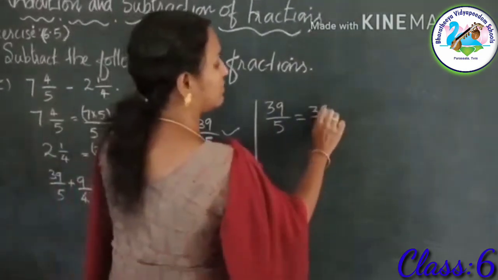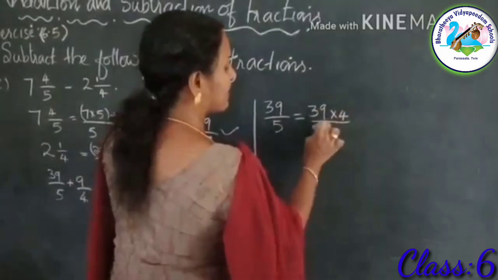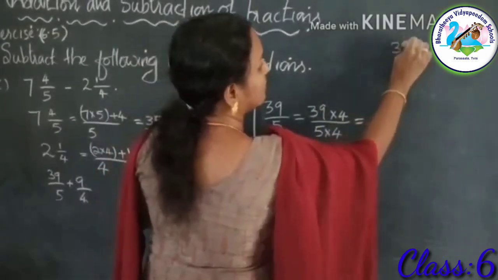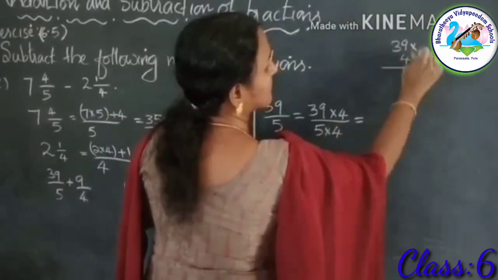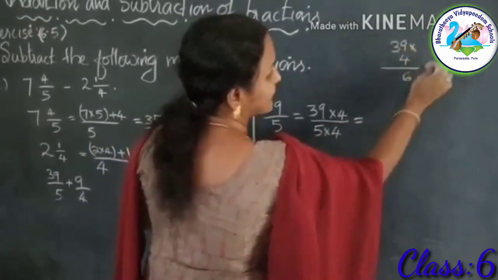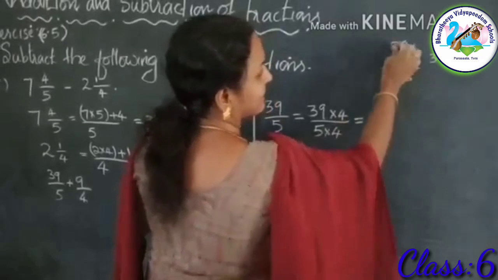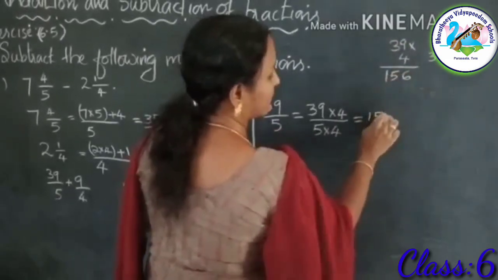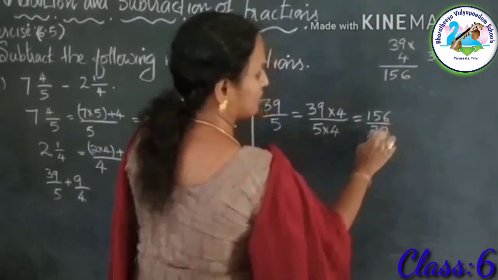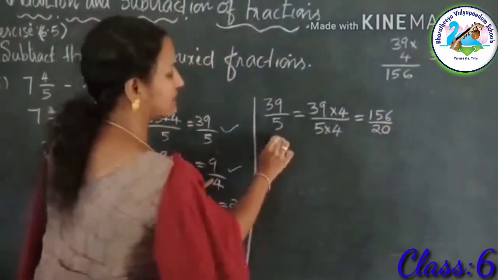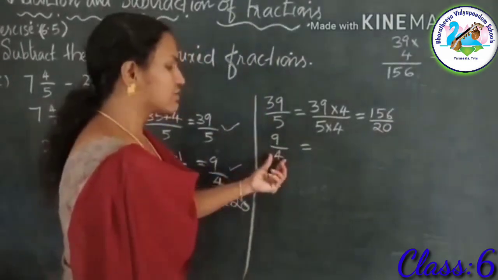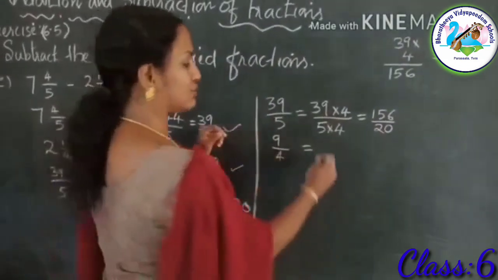So 39 into 4 divided by 5 into 4 is equal to 39 into 4, 9 4s are 36, balance 3. 3 4s are 12, 12 plus 3, 15. 156 divided by 20. The next fraction 9 by 4 is equal to, here the denominator is 4, so multiply 4 with 5, we get 20.